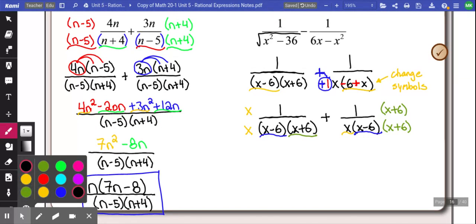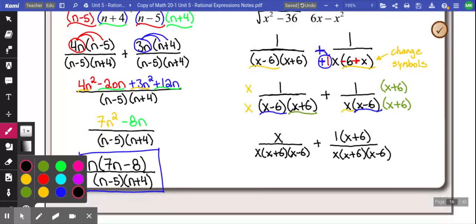So I now have x times 1, which is just x, divided by x plus 6, x minus 6, plus 1 times x plus 6, divided by x plus 6, x minus 6. And we have a common denominator.